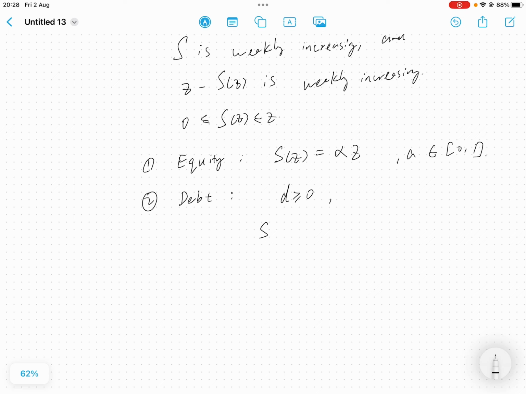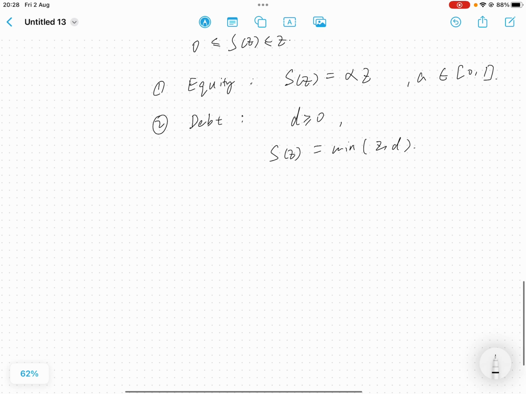We name this s(z) equals the minimum of z and D. Shortly we will see a picture to illustrate the differences between those securities.